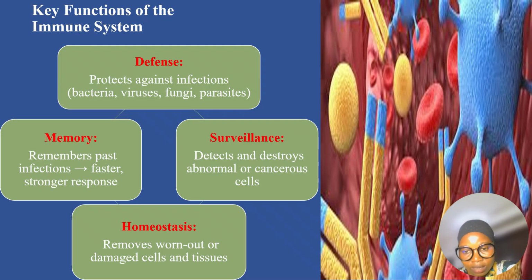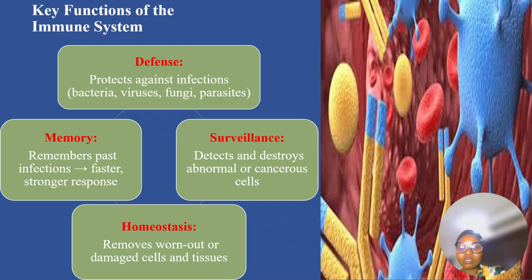I would like you to think of your immune system as the military force of your body. They defend, that is, like soldiers on the front line, they fight against invaders such as bacteria, viruses, fungi, and parasites.